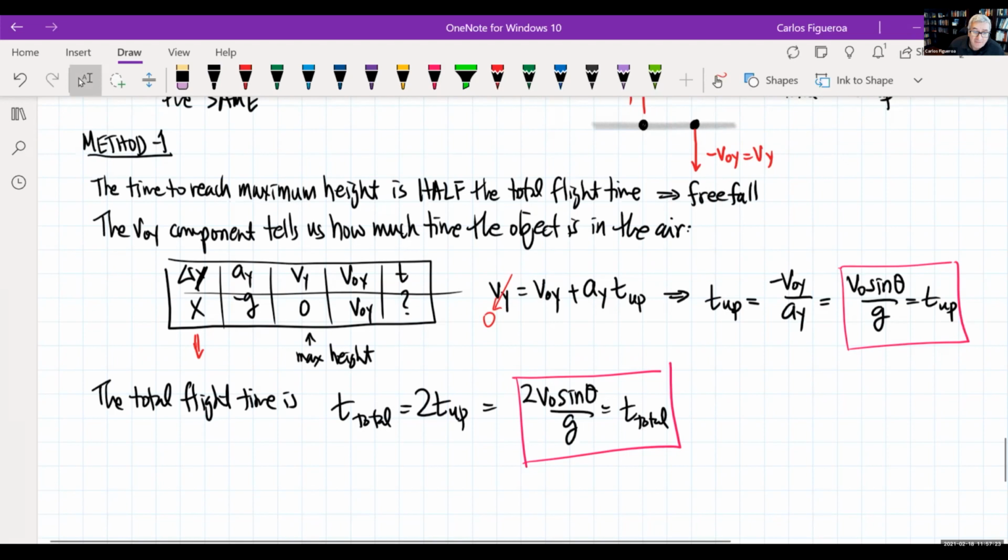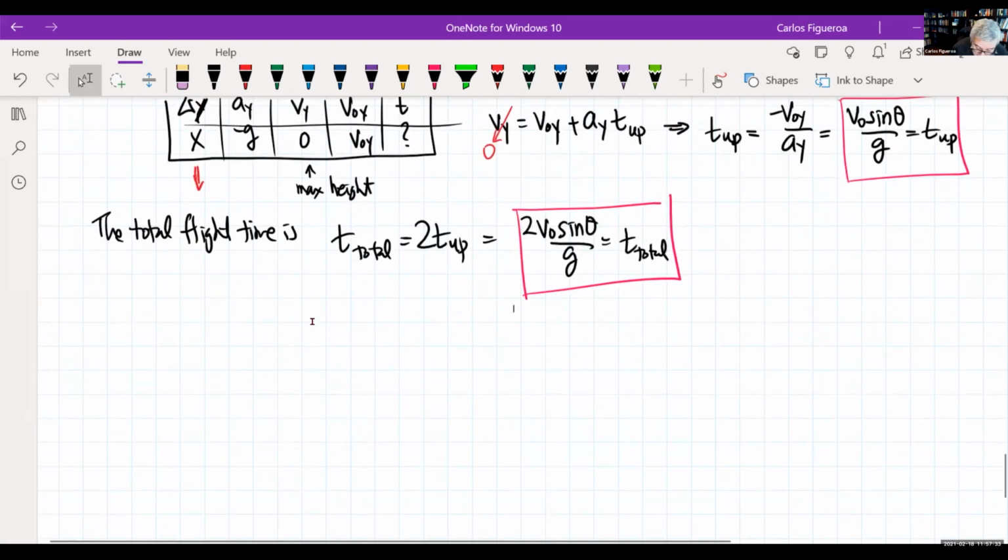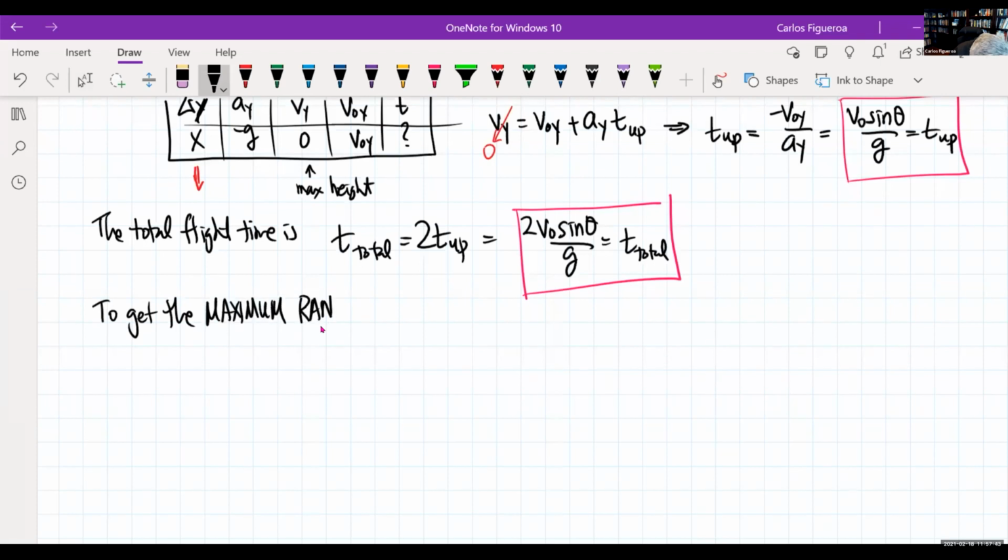So if I want the maximum horizontal distance, to get the maximum range equation, we know that the maximum range is going to be when it has maximum time. And so what you're seeing here is it's got to be v initial x times the total time.